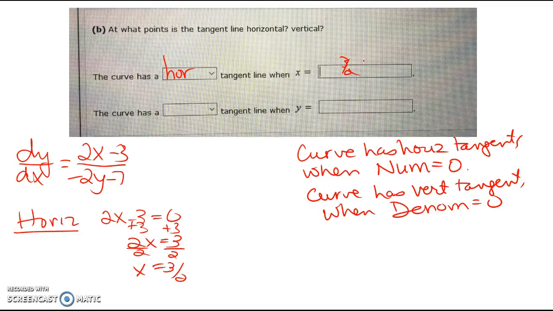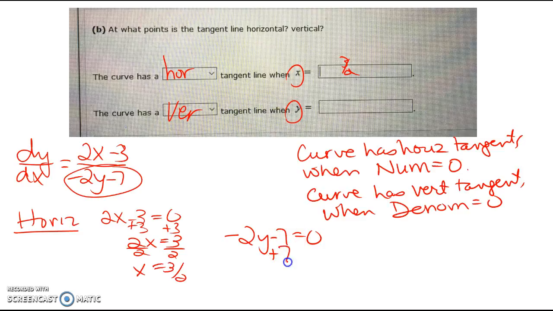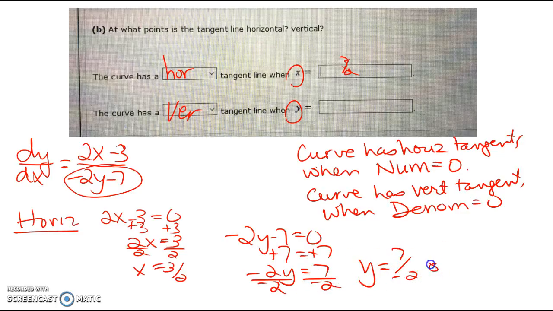Right? Now, for vertical, let's look at this. We'll set the denominator equal to 0. Notice now we have a y, so this will be the vertical, and it says we have two different variables we're looking at. That's y equals 7 over negative 2, or negative 7 over 2.